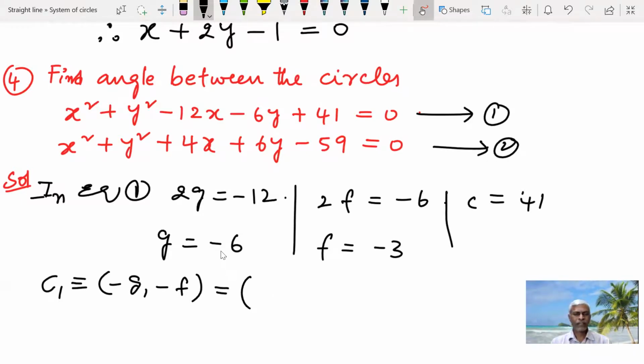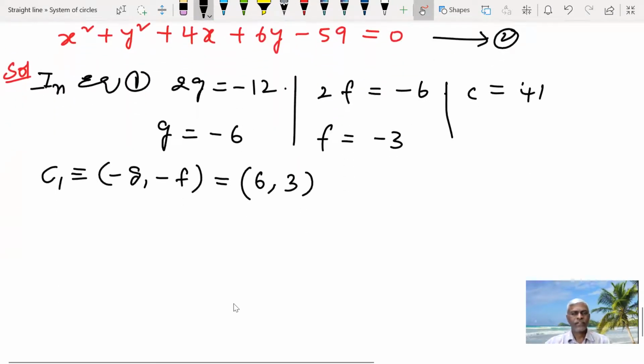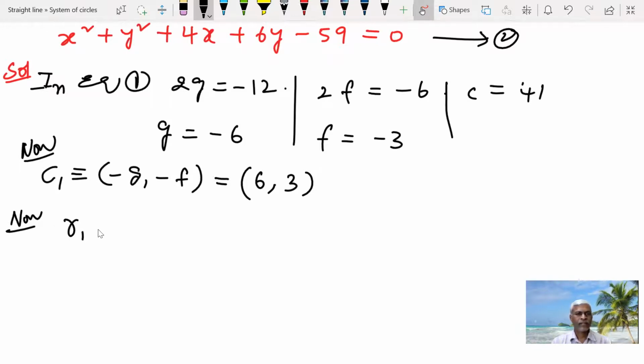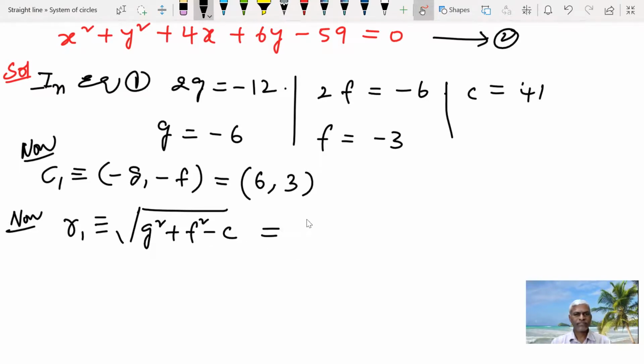Therefore minus into minus 6 plus 6, minus into minus 3, that is 6, 3. This is the center of the first circle. Now radius, let's say r1, the radius of the first circle. The formula is root of g square plus f square minus c.